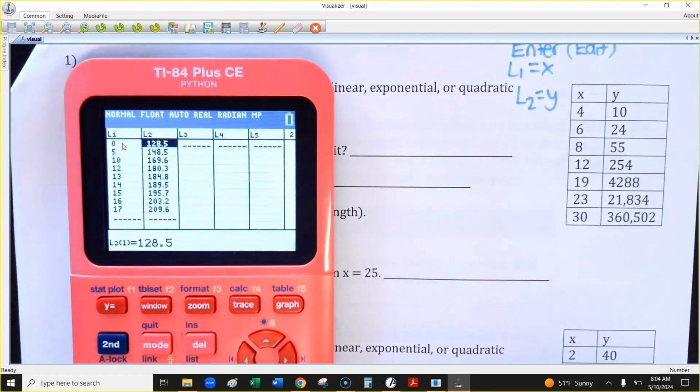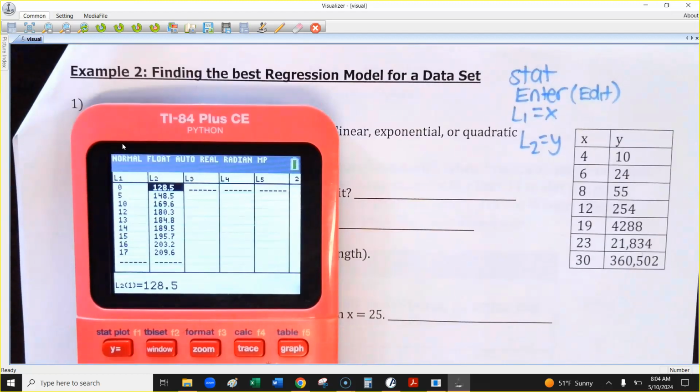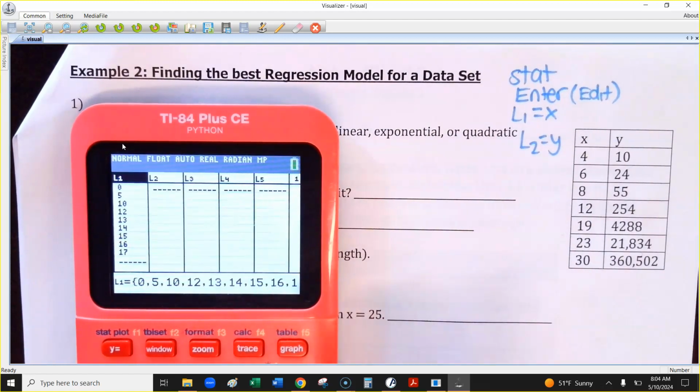So if you want to clear it out, don't forget, do not hit the delete key here. Arrow up to the top, hit clear, hit enter, it'll wipe out the whole column. Now, this does not have a situation or anything attached to it. This is just data, so we're going to look at this. I've got like 4, 6, 8, 12. Just typing these in. You got to hit enter in between each one.